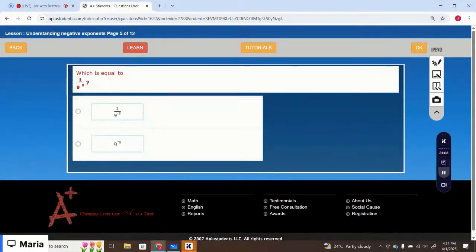Which is equal to 1 divided by 9 exponent 8? Option number 2 is the correct option.